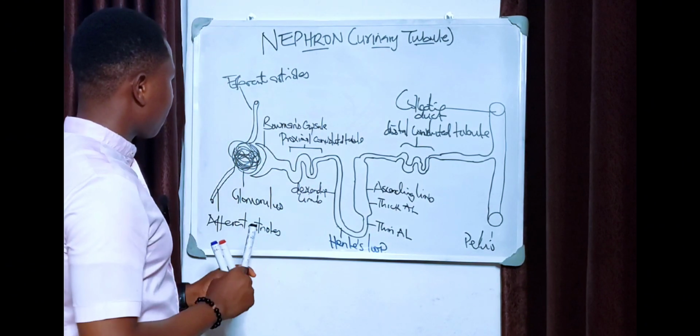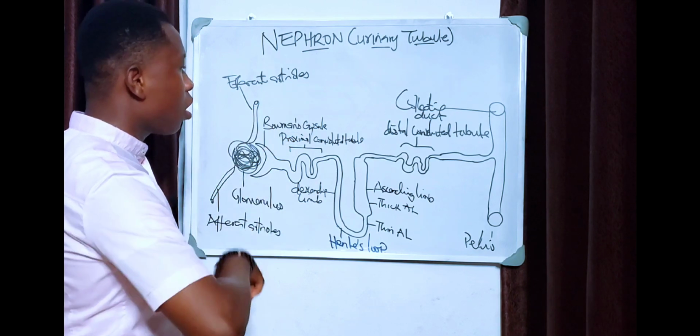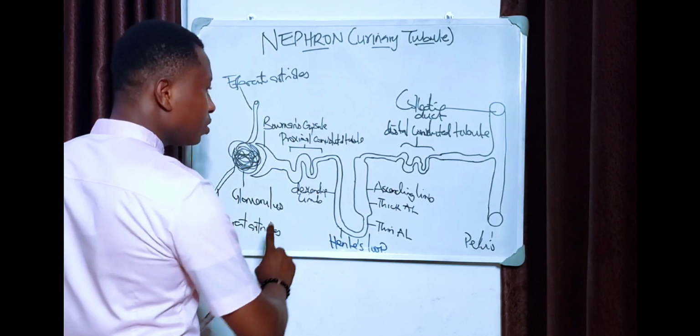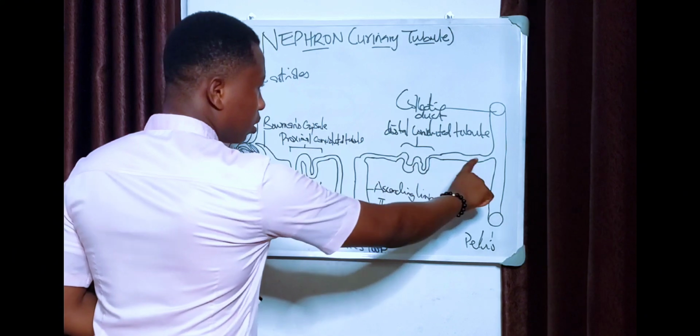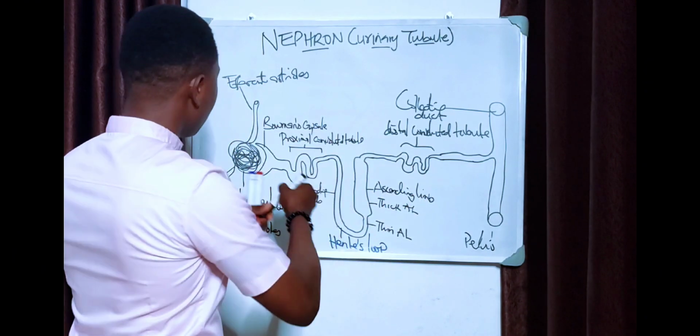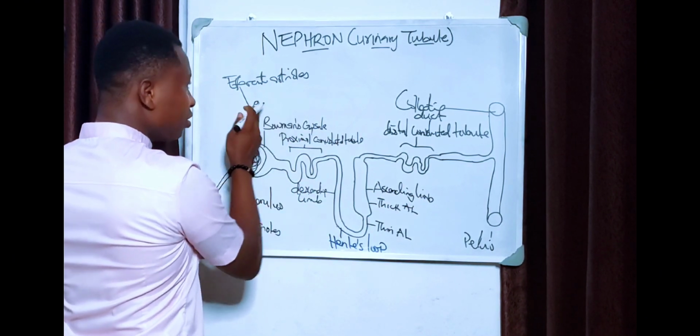Before I forget, the efferent arteriole wraps itself around the nephron, right? So this efferent arteriole, it doesn't just end here.